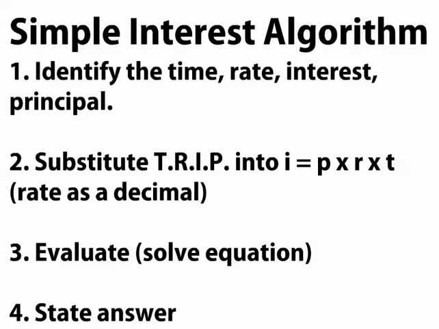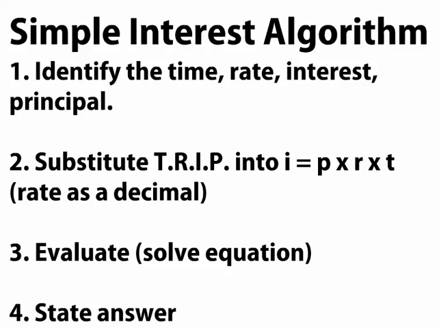On the next slide, we're going to copy down this simple interest algorithm. The first thing we do is identify the time, how long we're looking for, the rate, which is that percentage changed into a decimal, the interest, or if that's what we're looking for, then we won't put anything there, and the principal, which is that amount of money.